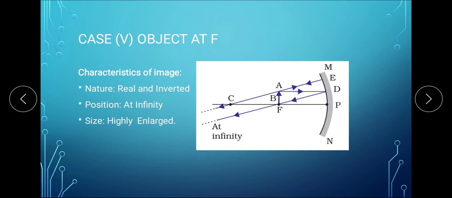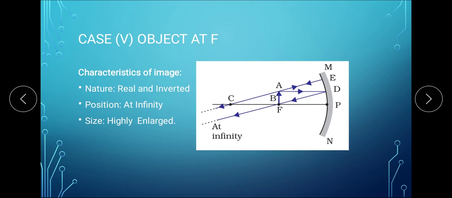Right students? Now case fifth, when the object is at focus. Students, when the object is at focus, as you can see in the figure, AB is your object which is kept at focus. First ray which is parallel to the principal axis after reflection will pass through focus. So this is your first incident and reflected ray. Second ray I have taken which is passing through center of curvature. This will reflect back along the same path, and you can see that both the reflected rays are parallel to each other.